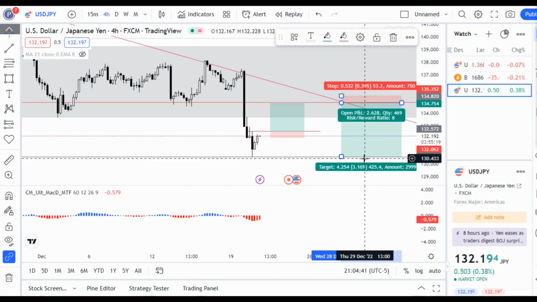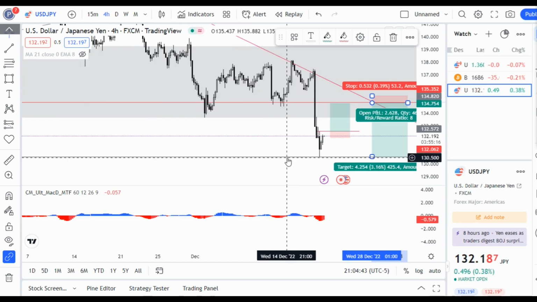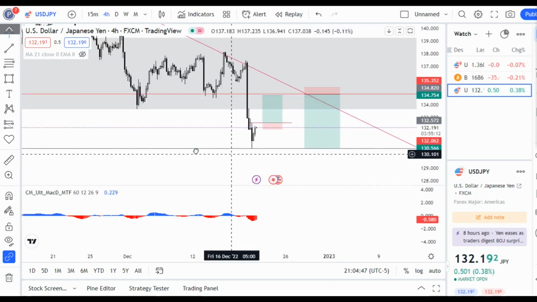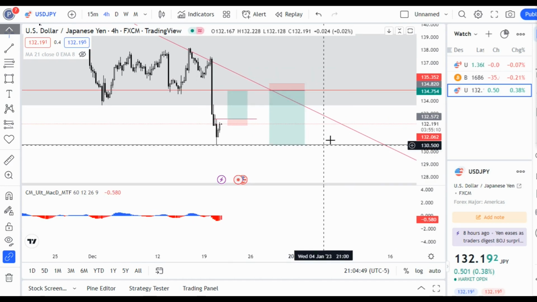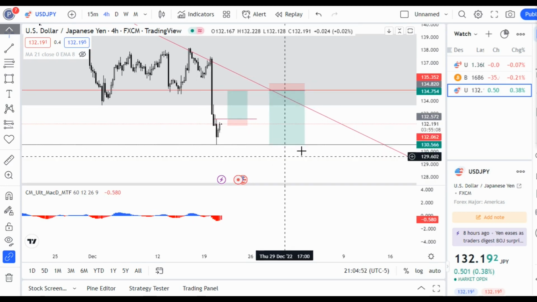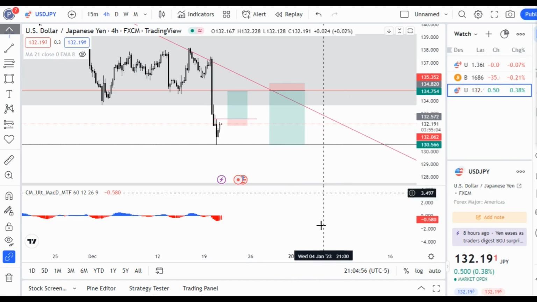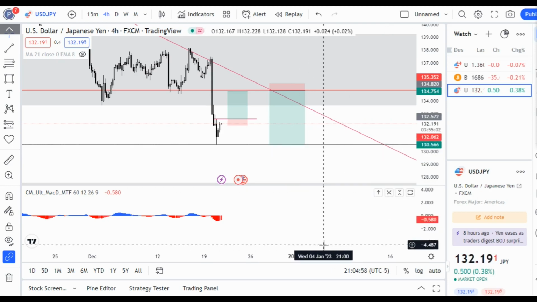So when the market reaches there, we are out of the trade, and we will now wait and see if the market passes that higher low again. Then for the first time, we will be waiting for a correction move to enter the trade to go to the next support zone or support level.